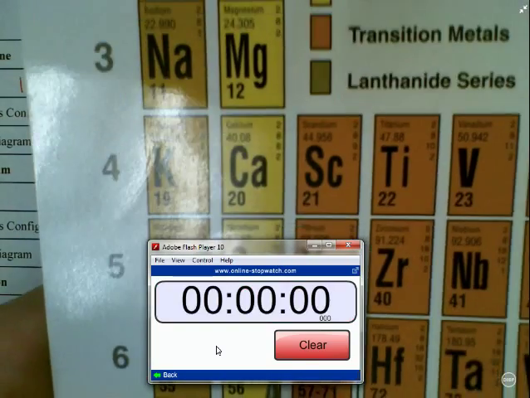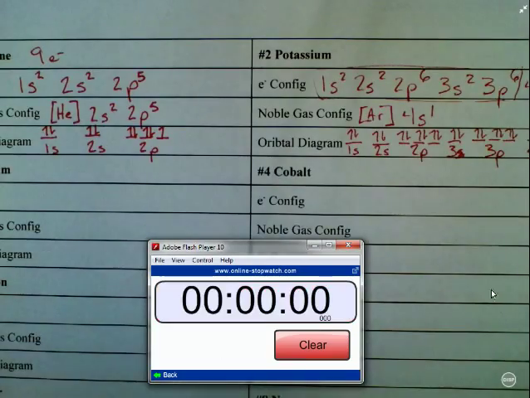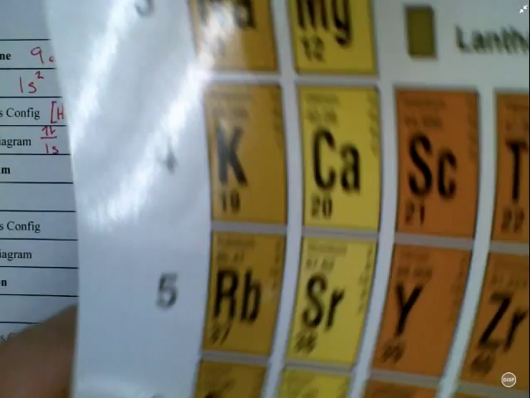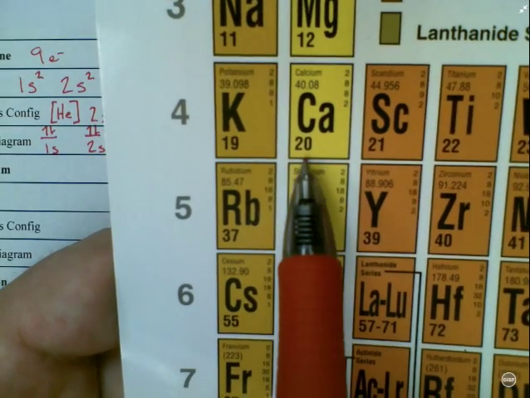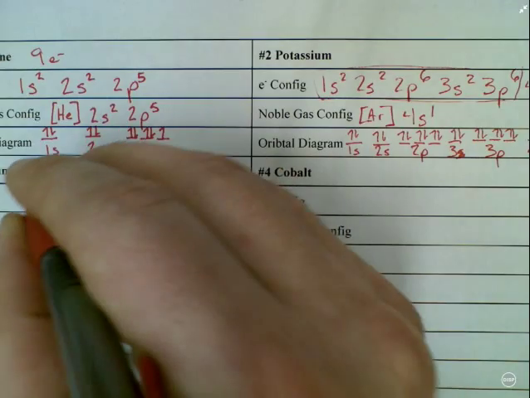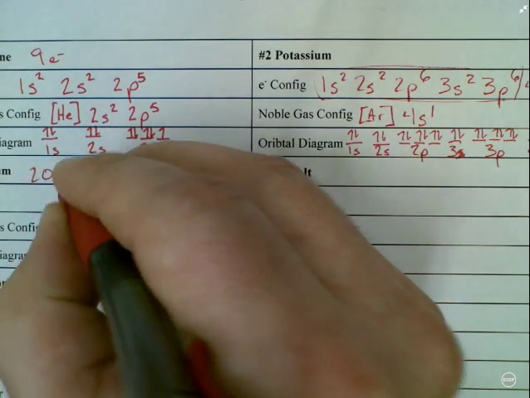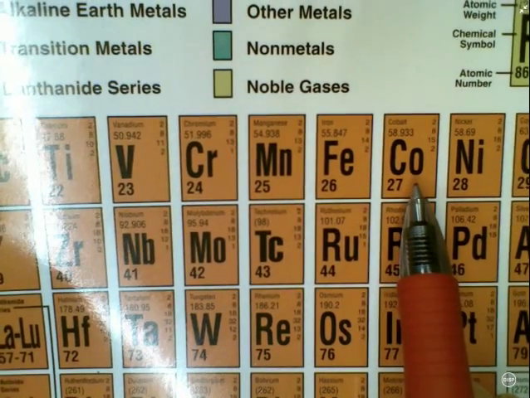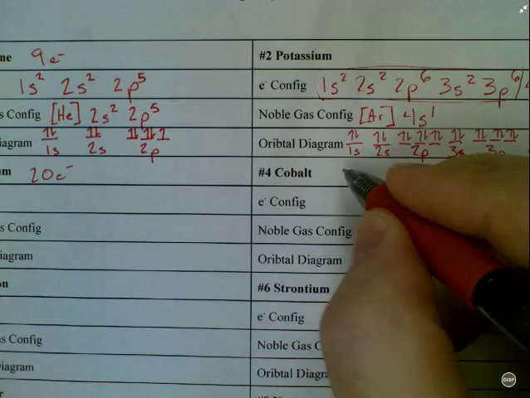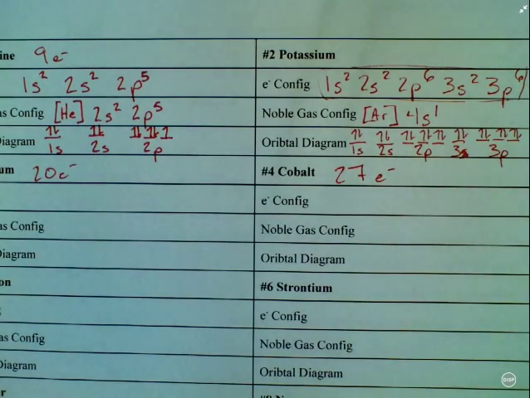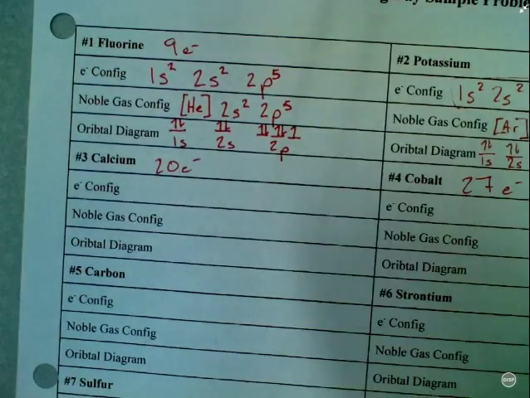Let me move the timer out of the way. If we look at calcium, we find it's number 20, so I have to account for 20 electrons. And when I go to do cobalt, it's number 27, so I'm going to have to account for 27 electrons over here. Hooray! This is going to be a blast, trust me.